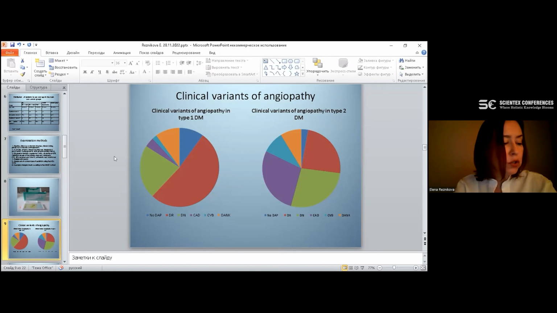Most often in patients with type 1 and type 2 diabetes, diabetic nephropathy was found in the proteinuria stage in 42.3%, and then isolated or in combination with diabetic retinopathy. In patients with type 2 diabetes, various forms of coronary artery disease in 70.9%, cerebral vascular disease, and angiopathy of the lower extremities were identified.